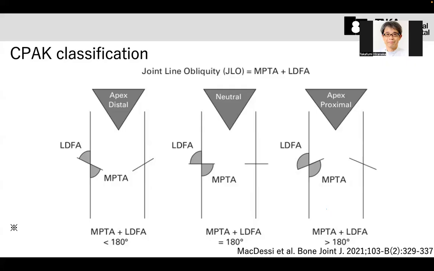So if we do mechanical alignment TKA, the joint line is always perpendicular to the axis. But in most patients, the leg inclines internally, like this, not like this.